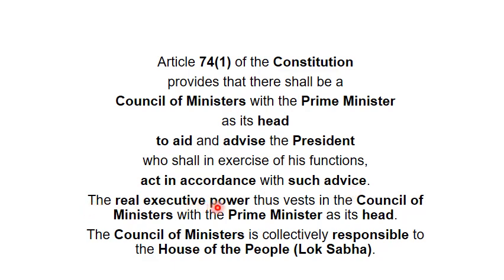The real executive power, therefore, rests in the Council of Ministers with the Prime Minister as its head. The Council of Ministers is collectively responsible to the House of People, that is the Lok Sabha, and the members of the Lok Sabha, we all know, are elected by the people of India. Therefore, the real power of this country for governance rests in the people of India.